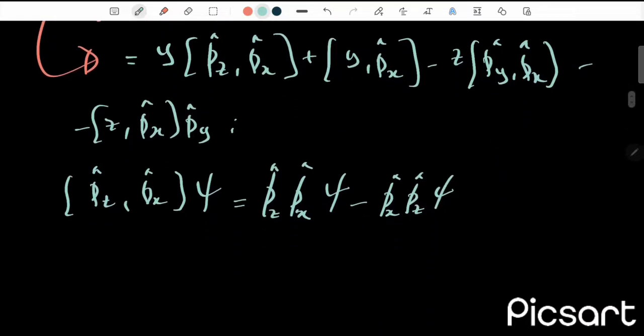And we know that the linear momentum is associated with the first derivative.